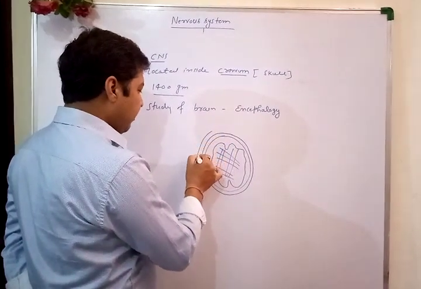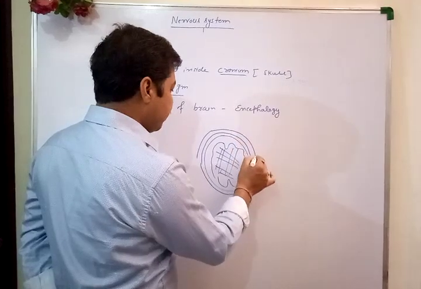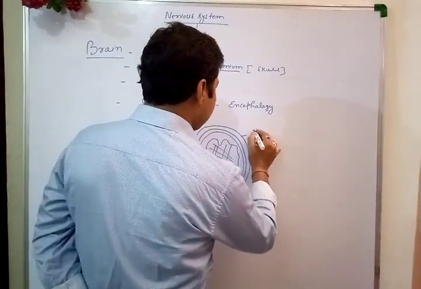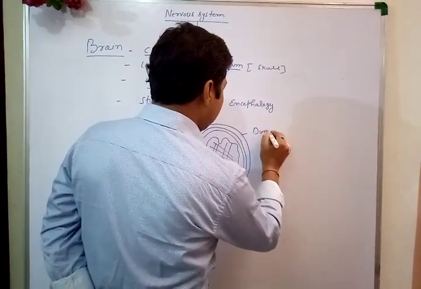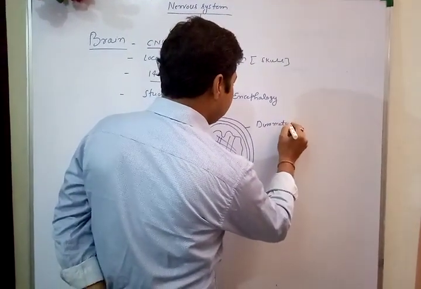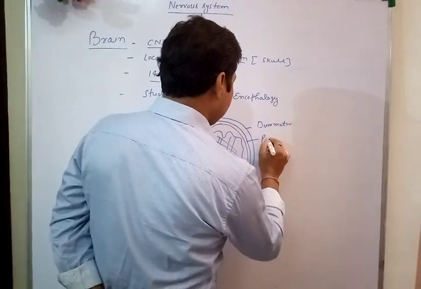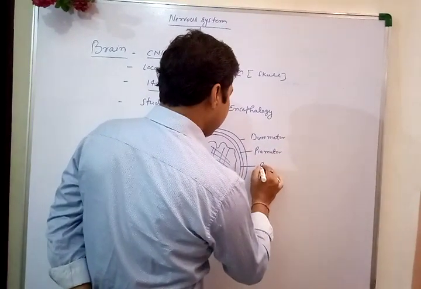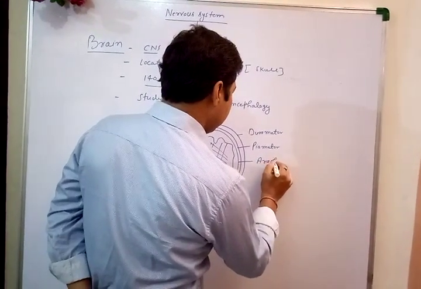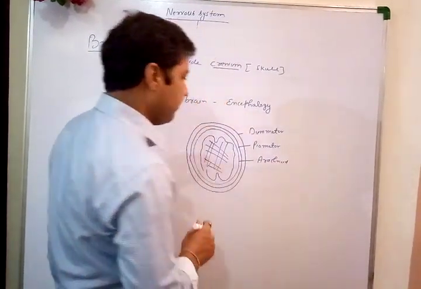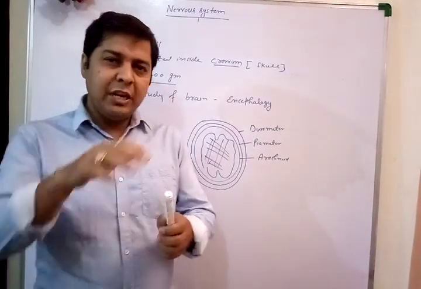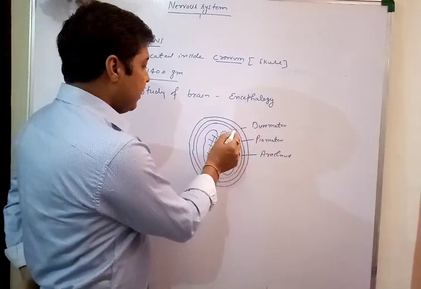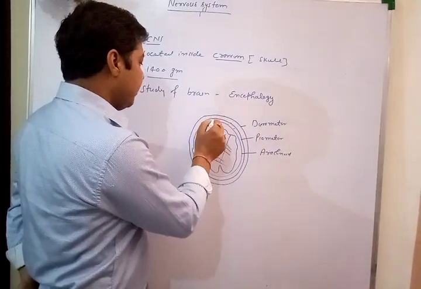They are called dura mater, pia mater, and the third is arachnoid. So there are 3 layers protecting this entire brain, and in between the layers some fluids are present.